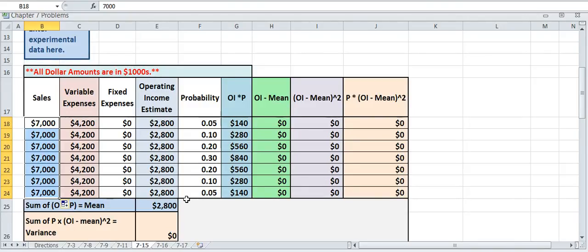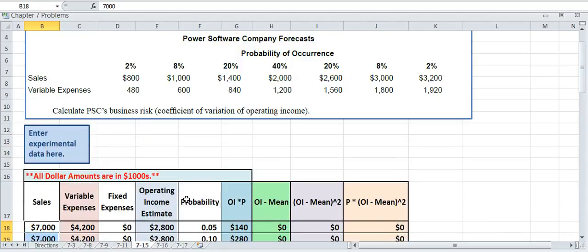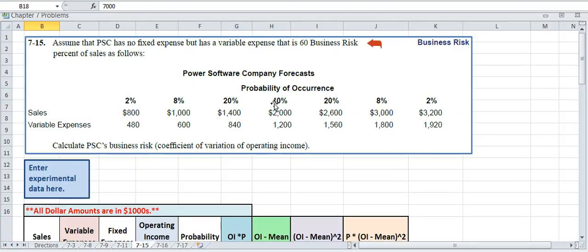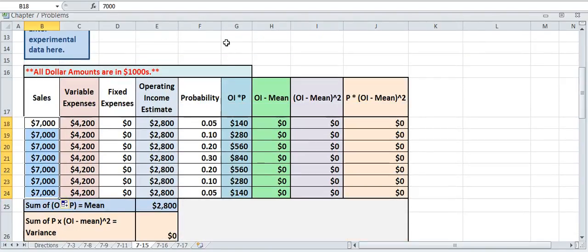Now, what they're showing us here is that when we factor in a variable expense, and in this case the variable expense is 60% of sales, the formula here is just multiplying sales by 60%.